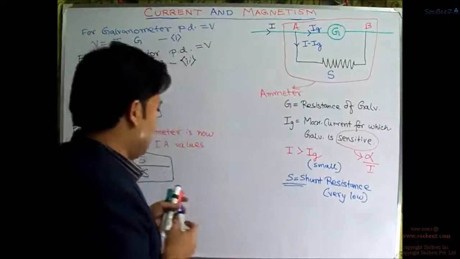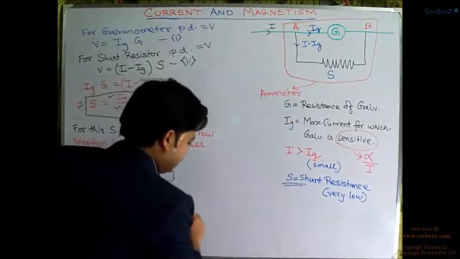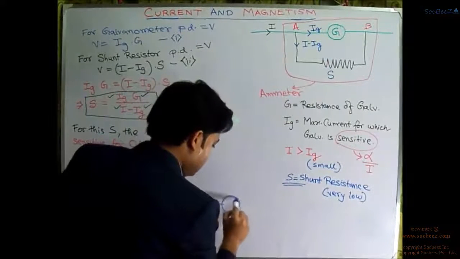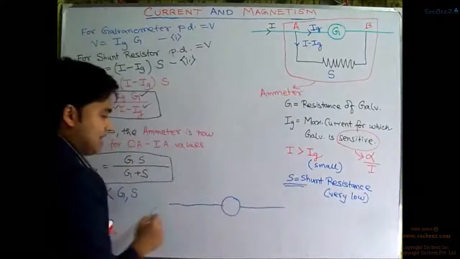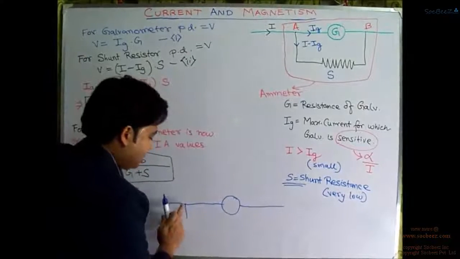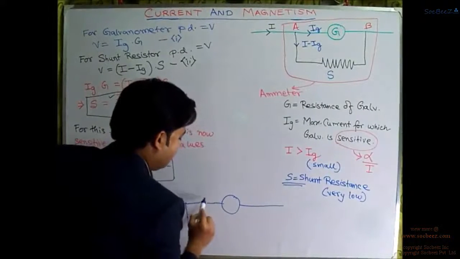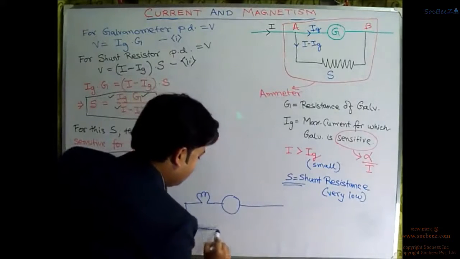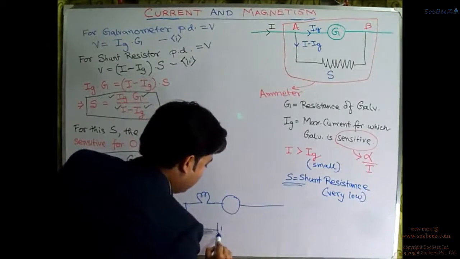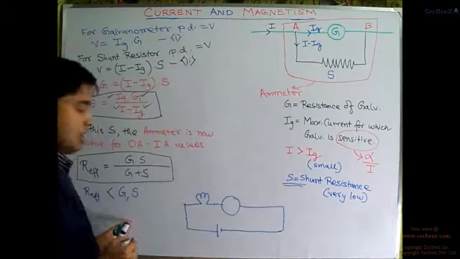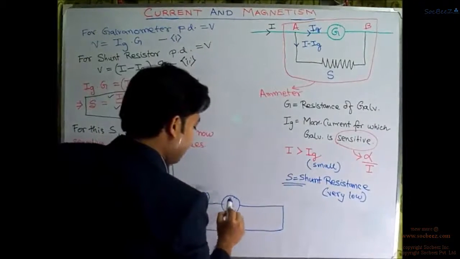Now, say for example, we devise a circuit over here. Say this is a circuit, and over here there is a bulb, and over here there is a battery, and this one is the ammeter.